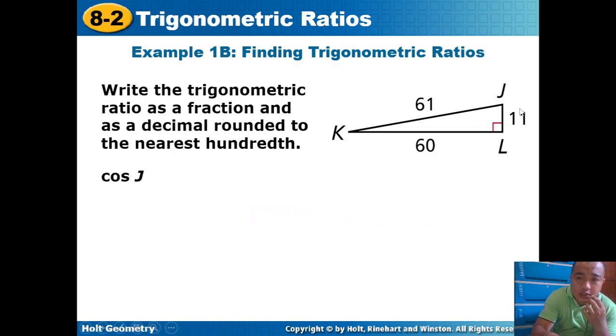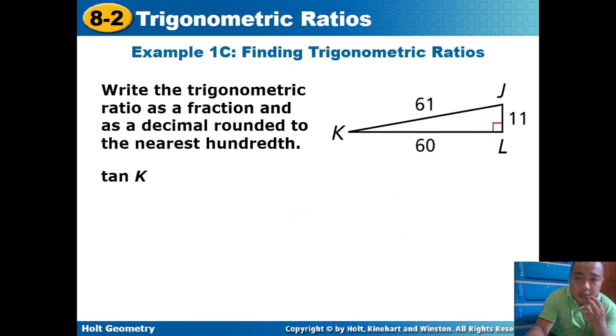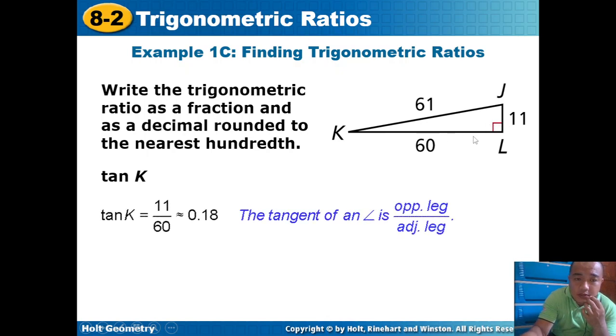How about cosine J? Cosine J is Cah, adjacent over hypotenuse, so you have 11 over 61 or 0.18 is the answer. About tangent K: our reference angle here is K, so the ratio is opposite side over adjacent side, so 11 over 60, or 0.18.